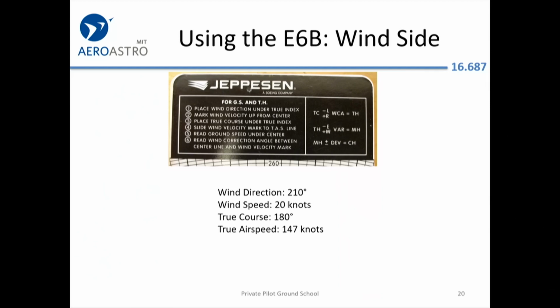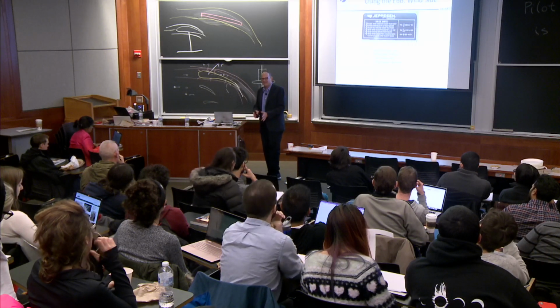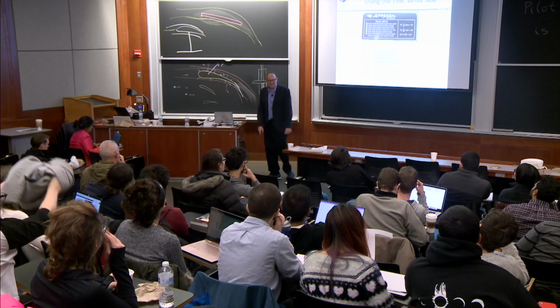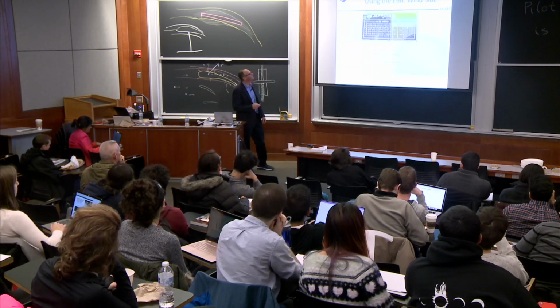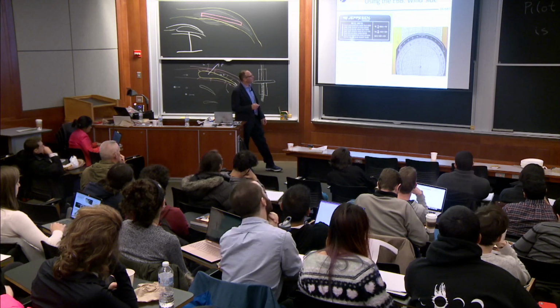We've already computed that. And the wind's 20 knots from 210. So we're trying to go south. Let's say this is south at 180, and the wind is coming from the right. So when we're all done, I sure hope that the answer will be that we have to steer a little bit to the right of 180, true at least. All right.